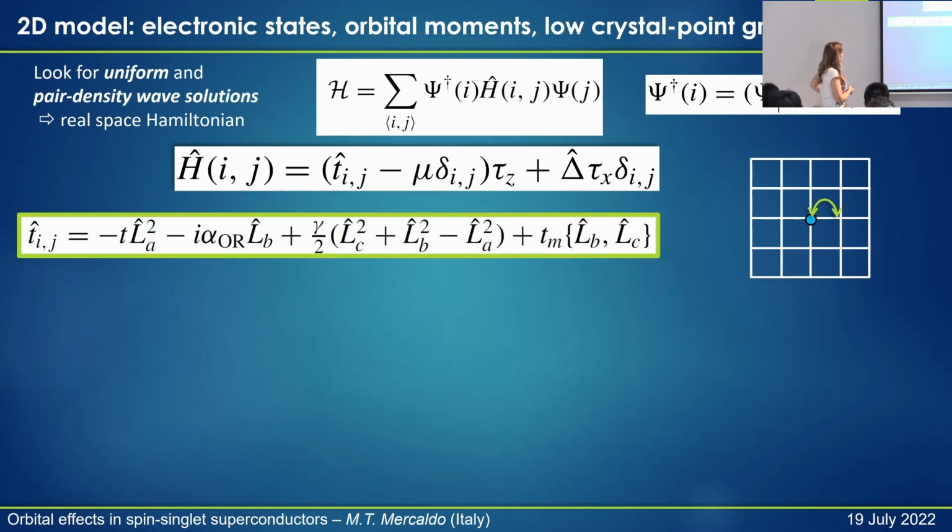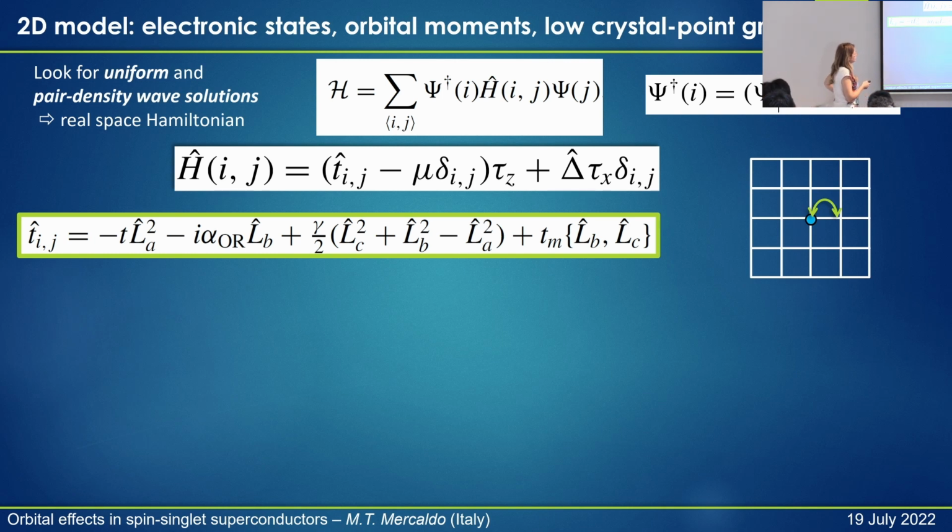Let me put some more here. We decided to write this in real space because we want to look not only at uniform solutions, but also at pair density wave-like solutions, actually this more exotic vortex solution. But the ingredients are pretty much the same. This is this parameter, where tau is the Pauli matrix for the electron and hole channels.